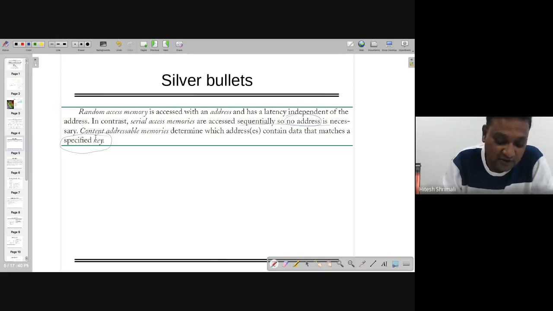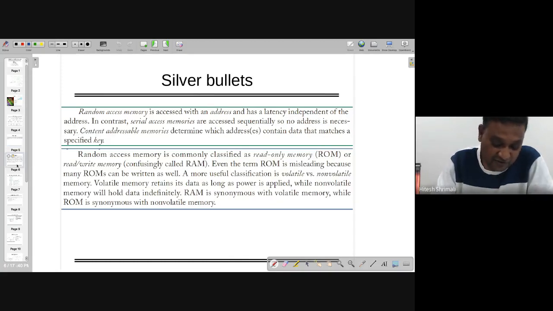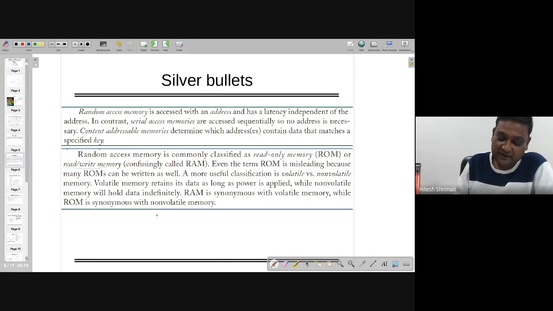But if you are looking at RAM, which is read and write both, as I told you, NVM, flash, and many other memories are non-volatile. Sometimes RAM becomes synonymous with volatile memory, while ROM is synonymous with non-volatile memory. But still, things are evolving, and non-volatile memory is also going toward the writing side. You can erase it, you can rewrite it.